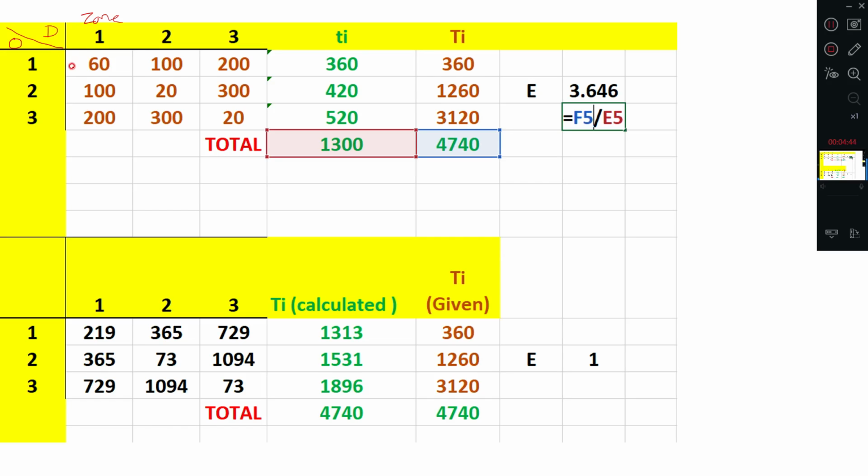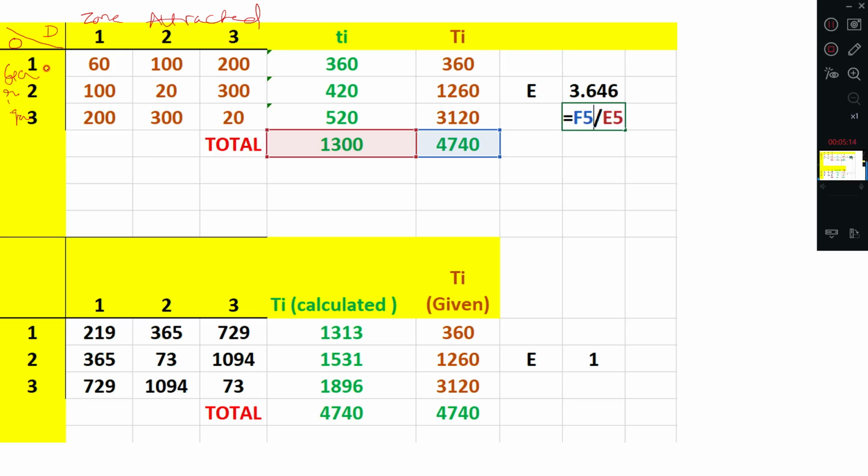Between the zones, 1 there are 60 trips, and between zone 1 to 2, 100 trips are being attracted. This is nothing but the trips attracted, and this is the number of trips generated or originated, right? Trip generation, or trips originated from this zone.